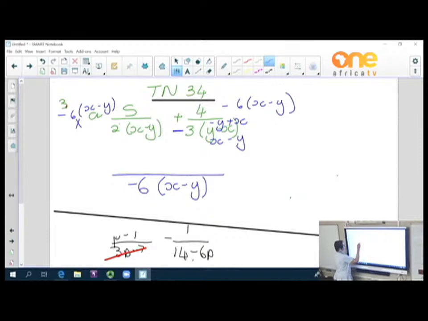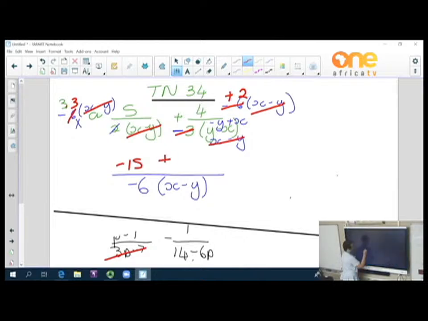So cancel, the 2 divides into the 6 3 times. This will cancel out now there, so we have negative 15. Here, the x minus y will cancel out. The negative 3 will divide into that one, positive 2 times. And if we multiply now, we have positive 8.